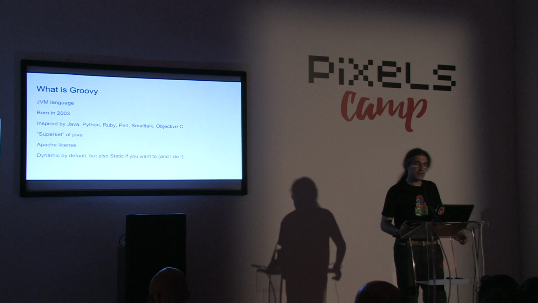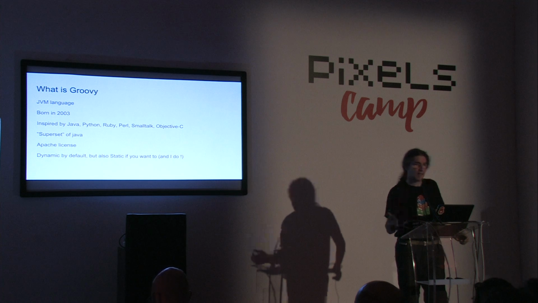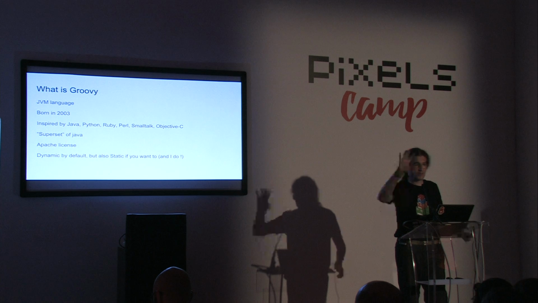Every class that I use in Groovy in Android gets statically compiled. You just have to add an annotation. And since I'm adding that annotation in every Groovy class, I made it a part of the template. I don't think about it anymore. It's just new class Groovy, and it already has the CompileStatic on top of it.